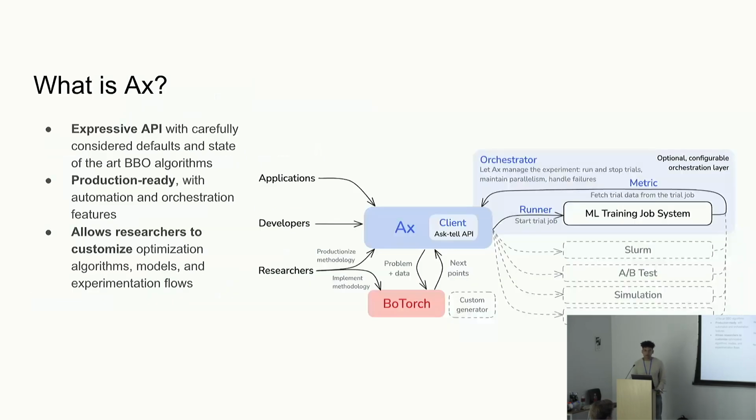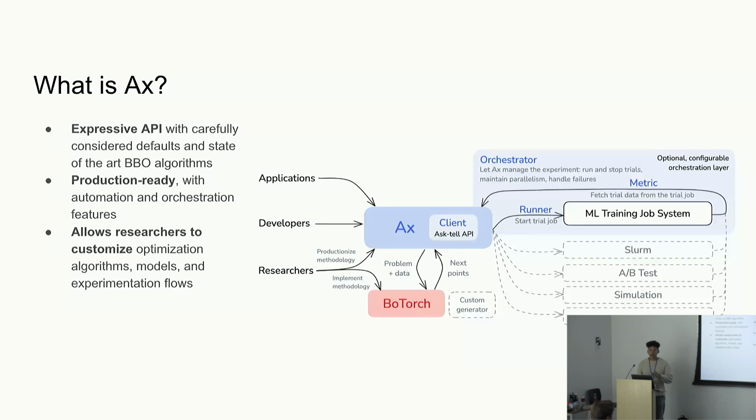So that's what we accomplished with Ax. We have this API that is all about controlling experiment state and orchestrating experiments. Users communicate with this client to set up their experiment and configure their optimization goal, whether that's optimizing a single metric, optimizing in a constrained space, or optimizing a Pareto frontier in a multi-dimensional, multi-objective space.